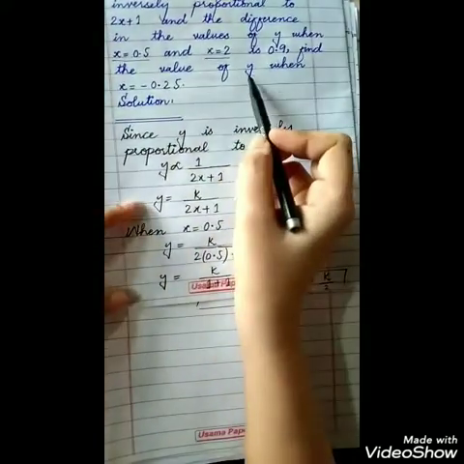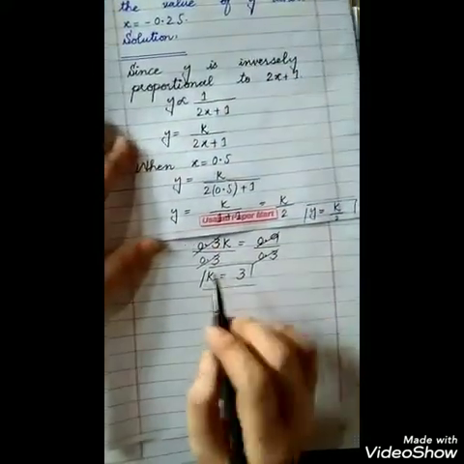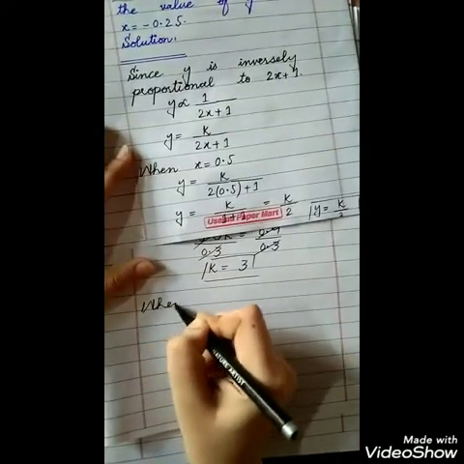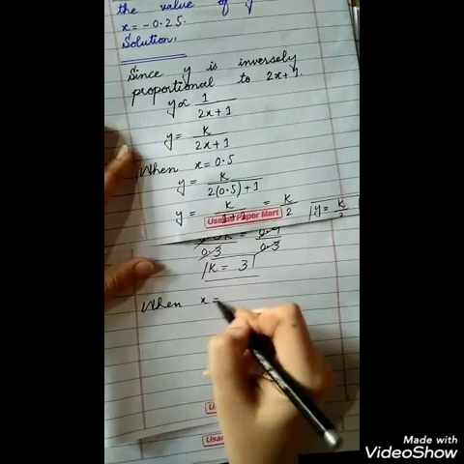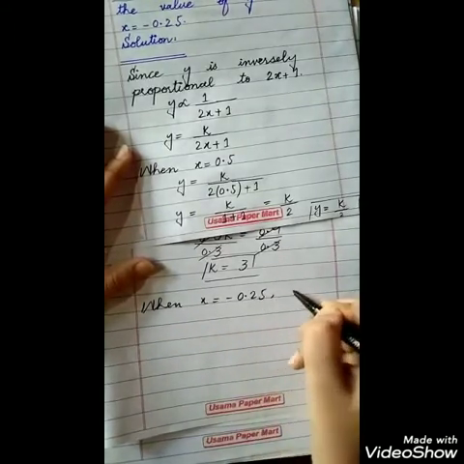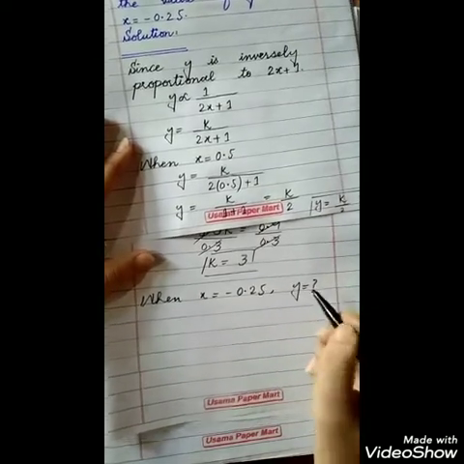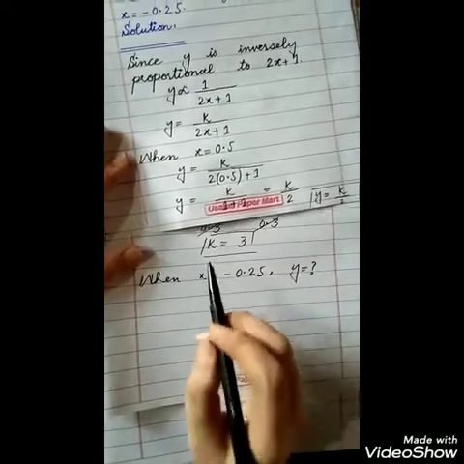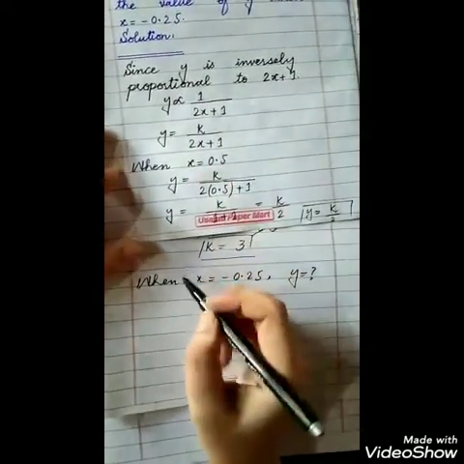Now we have to find the value of y, because we already found the k value. So when x is equal to minus 0.25, we have to find the value of y by placing the value of x in the same equation, just like that.